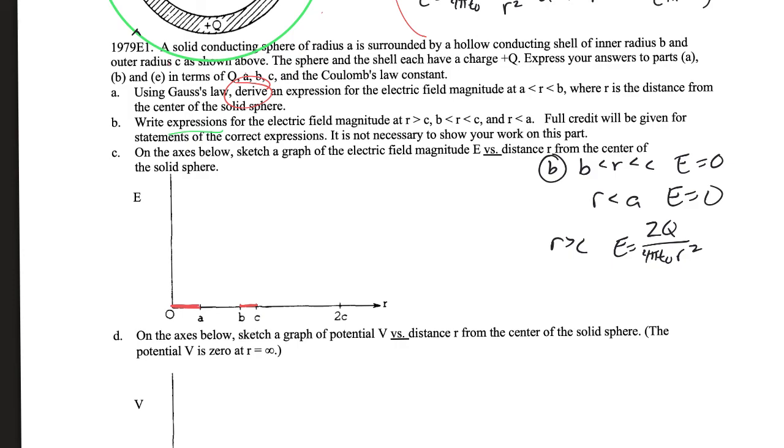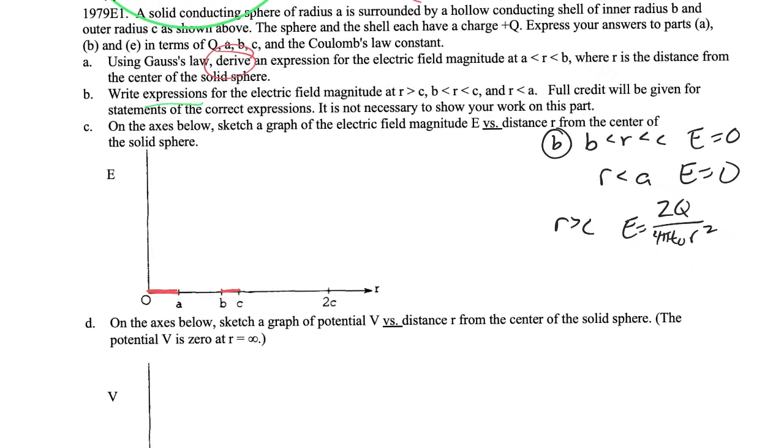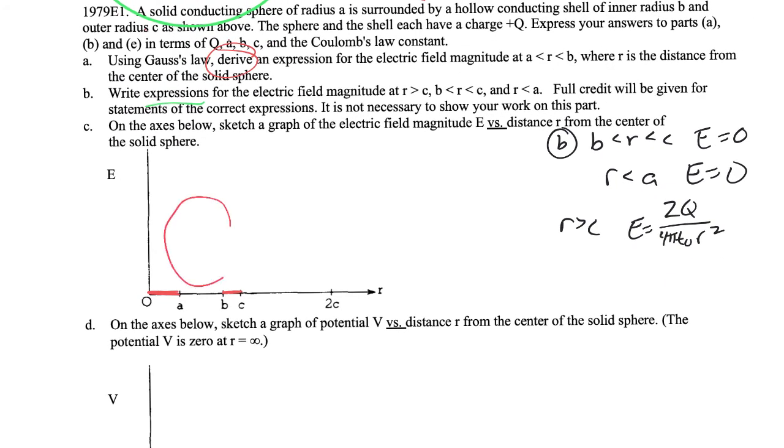Right? Has to be. Now, in this space, the electric field is KQ over R squared, just replacing the 1 over 4 pi epsilon naught with K. And in this space, the electric field is 2KQ over R squared.